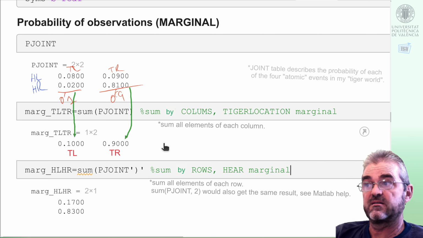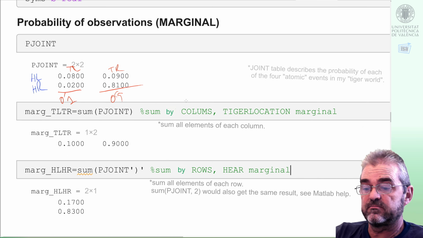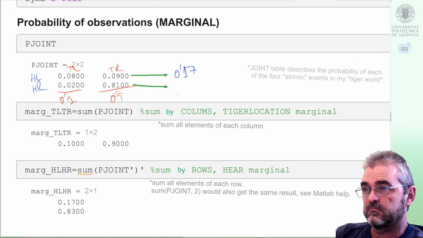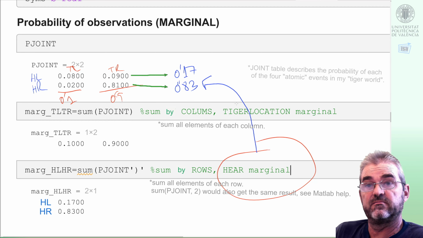Well, the thing is that summing by columns, I get what we call the marginal of the Tiger location state, and summing by rows, I get what's called the marginal for the hear left, hear right random variable.